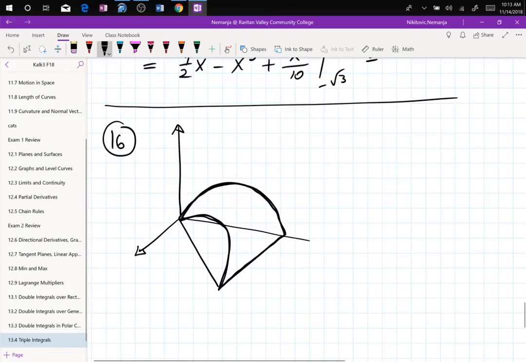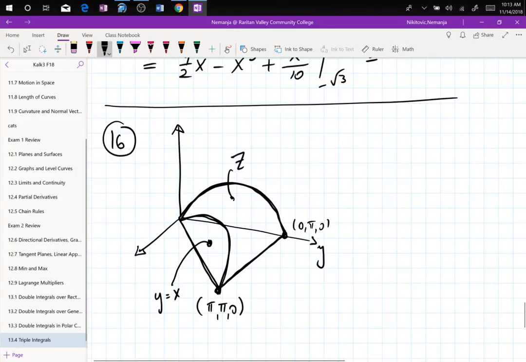We know that this point here is pi, 0, and that immediately makes this line y equals x, which means this plane is y equals x. And then this point over here is 0, pi, 0, which is on the y-axis. And the top over here is z equals sine y.